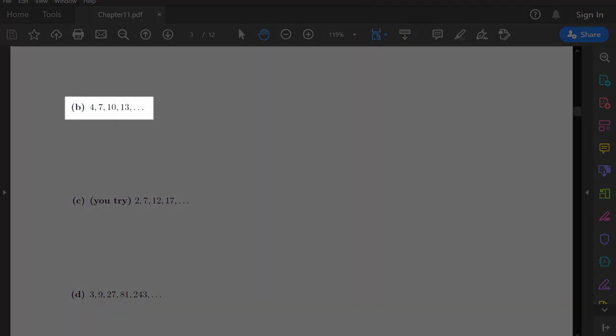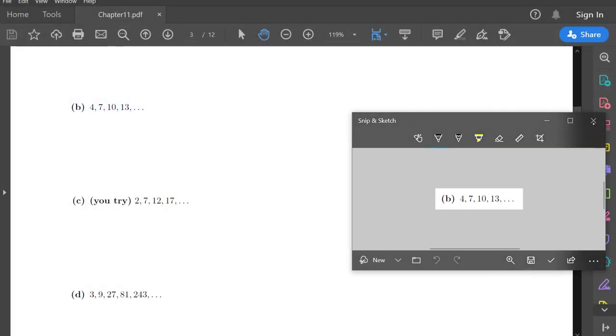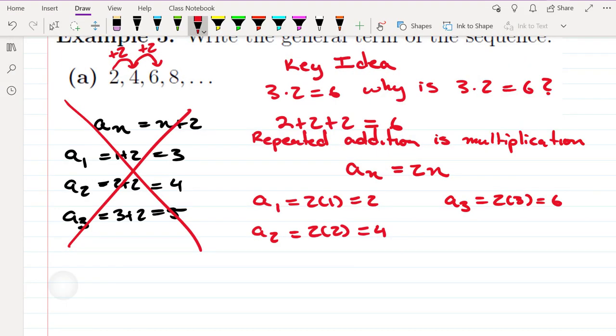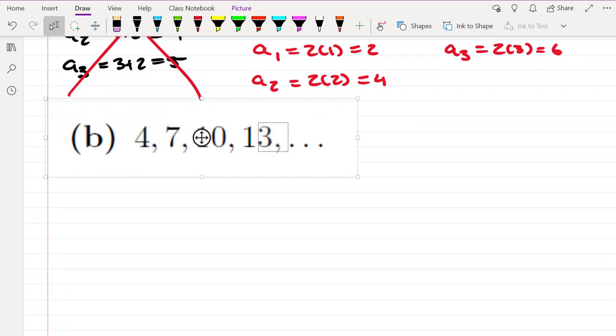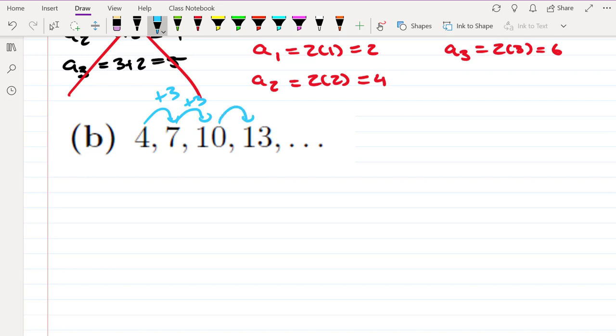If we look at B, we now have the pattern 4, 7, 10, 13, and so forth. So what are we adding each time? Well, to get to the next term, we're adding 3 each time.